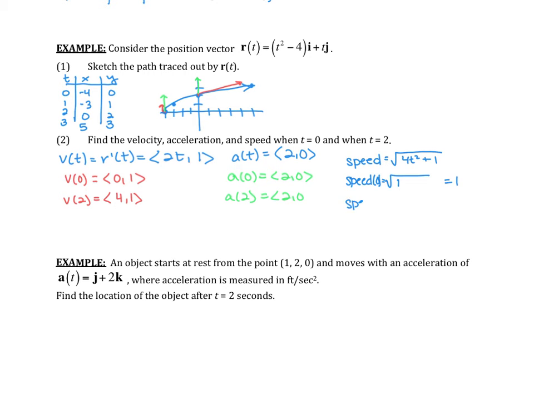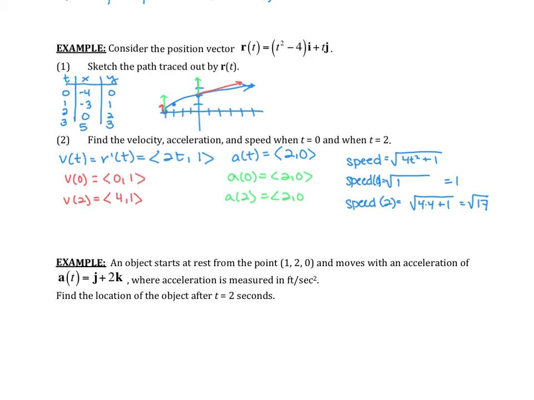And the speed when t is 2 would be the square root of 4 times 4 plus 1, so the square root of 17. Hopefully you did okay on that.